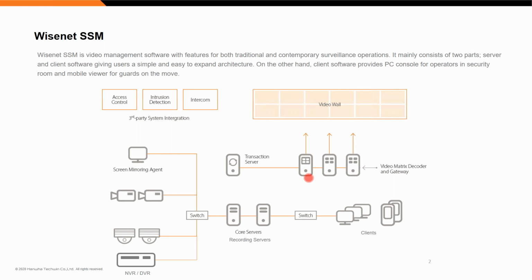Which means you can buy additional workstations or PCs, install the SSM video wall application, and then display the cameras on these monitors. How is this different from the operator client? The difference is the video wall PCs are unmanned.